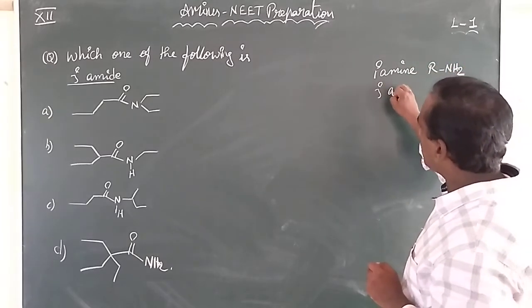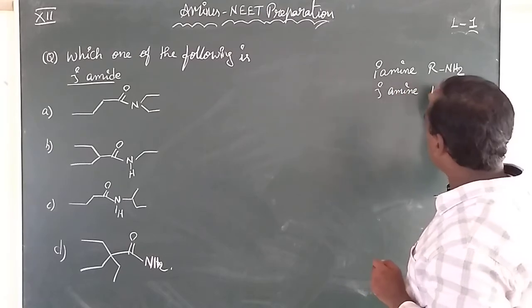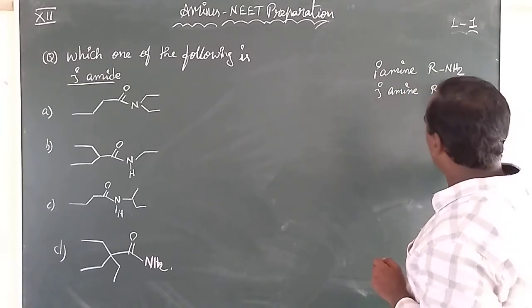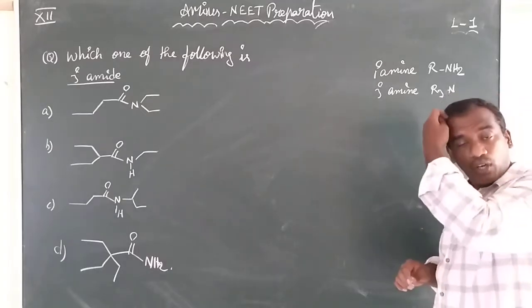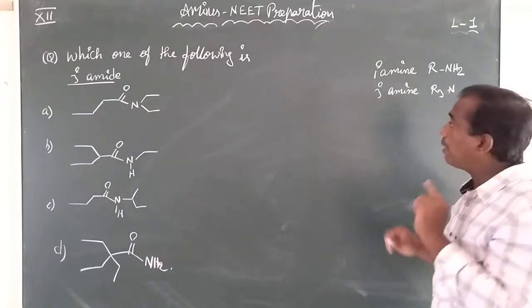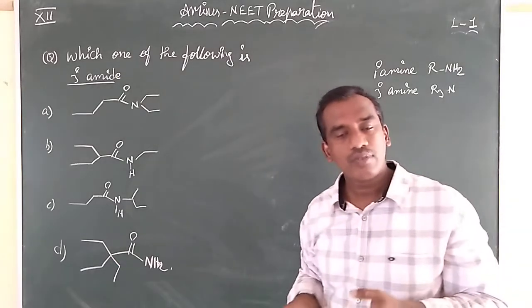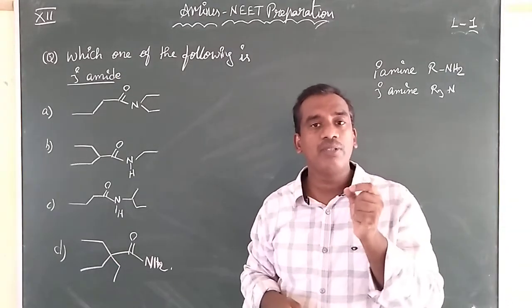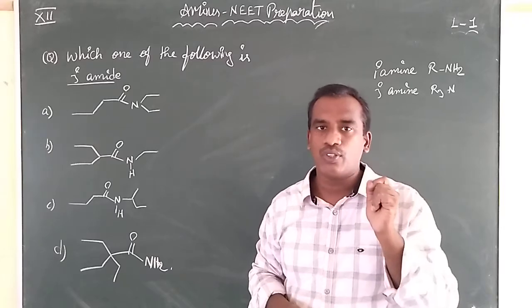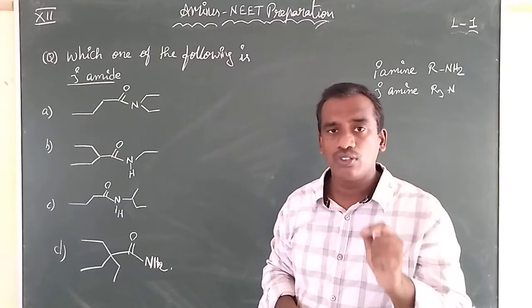Similarly, in case of tertiary amine, we mentioned R3N, meaning the nitrogen is bonded to 3 alkyl groups. But here the point is not with amine, it is with amide. Nitrogen must be bonded to 3 carbons.